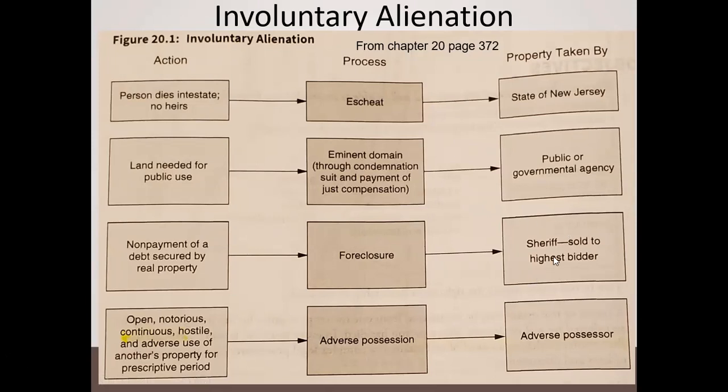Then that money goes to pay off those people who are owed money, and any remaining balance would go back to the property owner that was foreclosed upon, if there is any excess. And then through open, notorious, continuous, hostile, and adverse use of another person's property for a prescribed period of time as outlined by the law, through adverse possession, an adverse possessor can claim the ownership of that property.